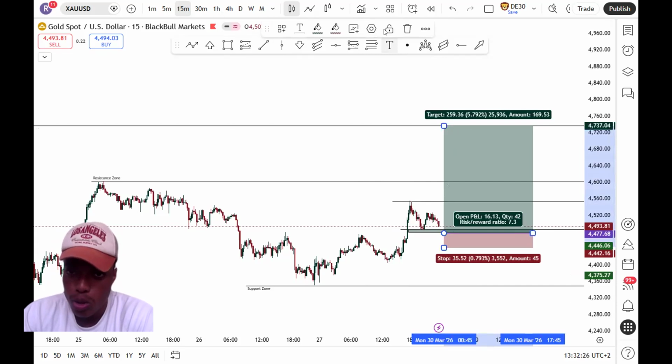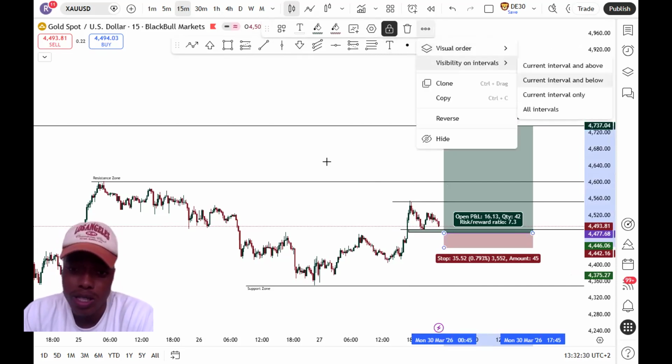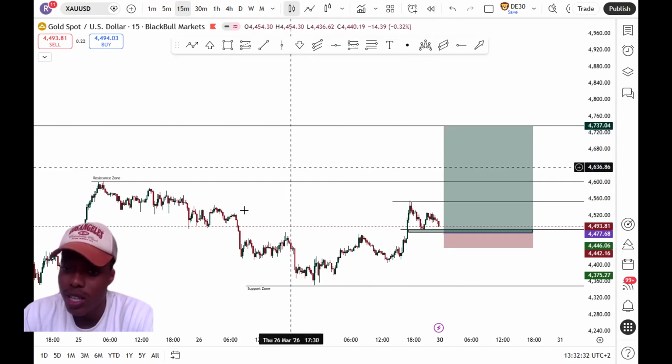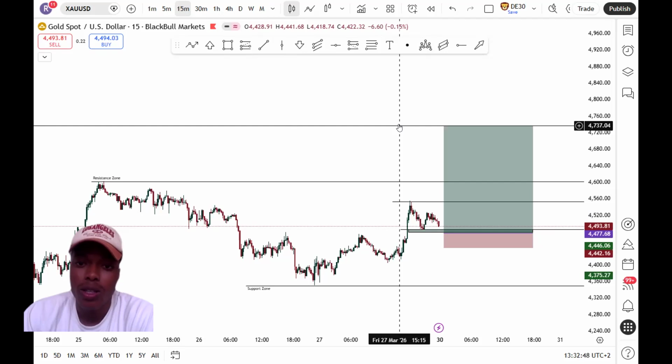You need to look at the backbone of trading, which is your fundamentals. Your technicals are just the direction to say certain things are going to happen. But make sure that you also understand the fundamentals of gold when you trade. So that's it for my gold analysis.